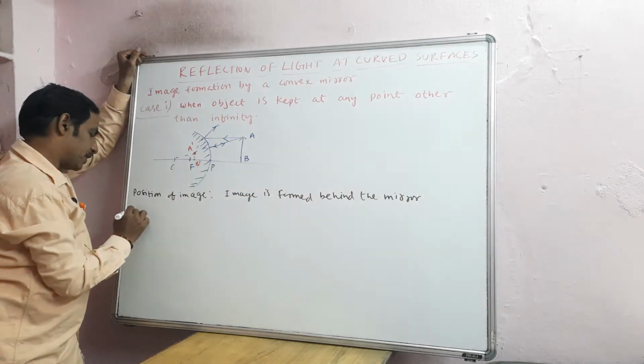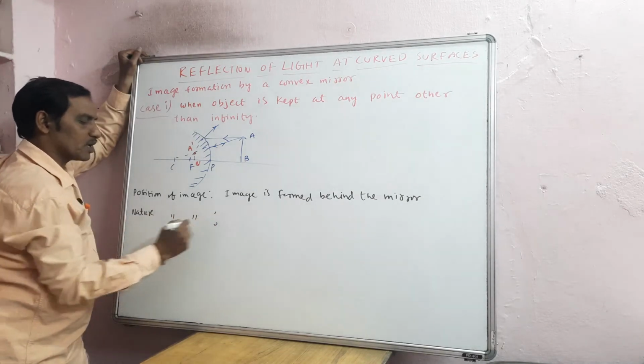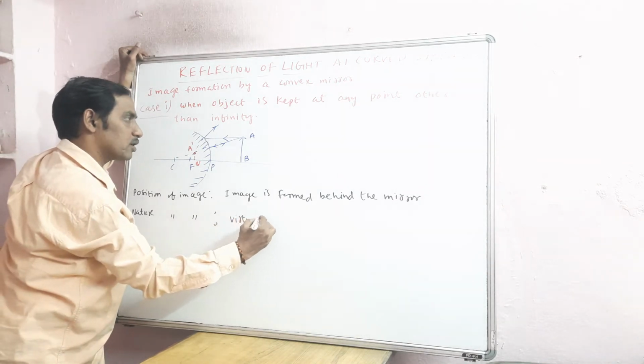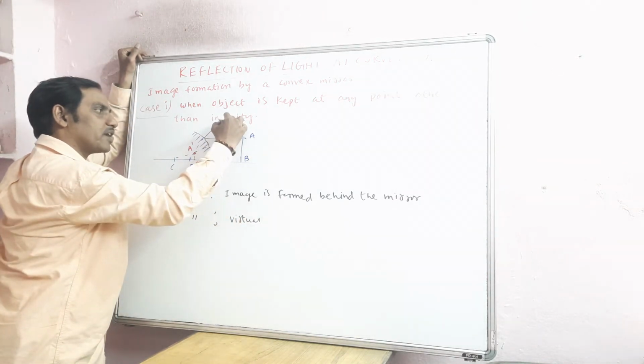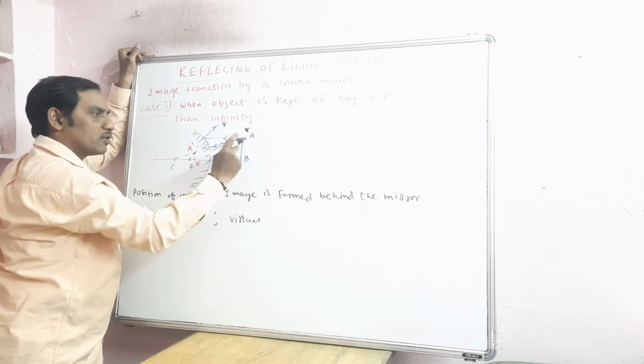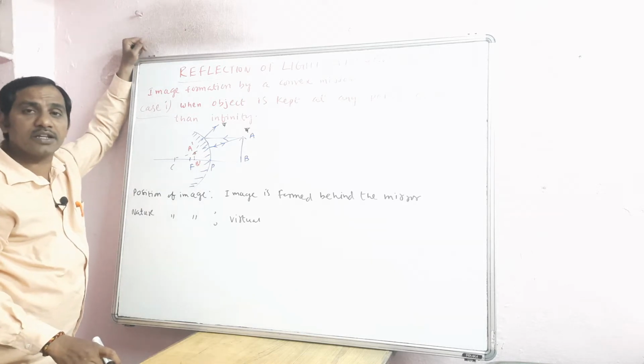And the nature of the image. The light rays appear to come from there: if a person is seeing from here, if your eye is here, you are the driver. For example, this is generally used as a rear view mirror in automobiles.